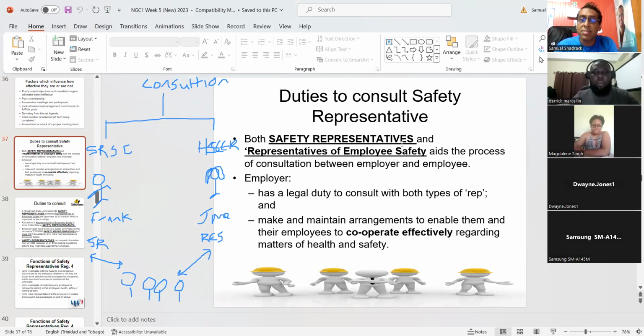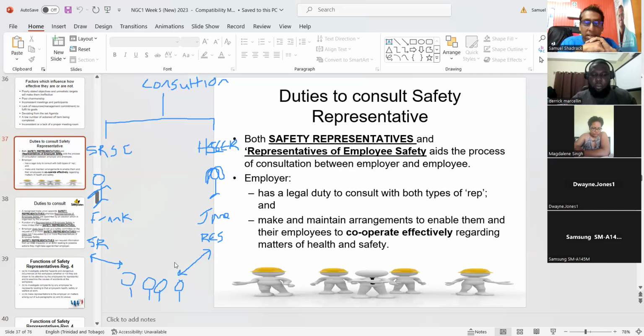Both representatives aid the process of consultation between the employer and the workforce. See if you're seeing that in the book and on the chart. Now, what the table in the book shows you is not just that. The table actually shows you the differences between the functions of both of them.